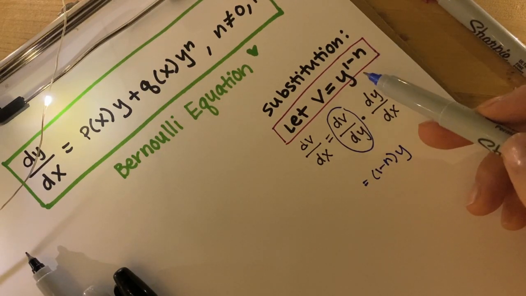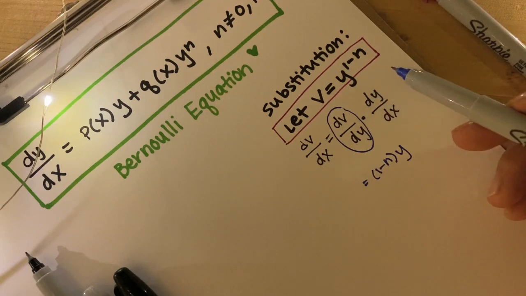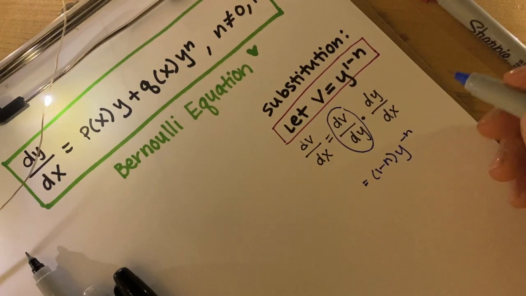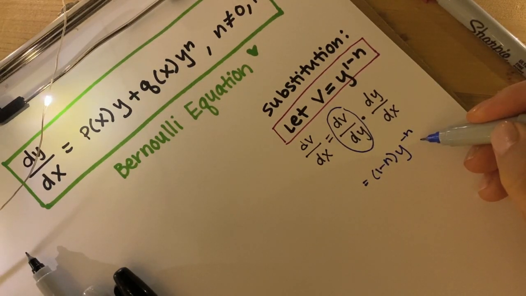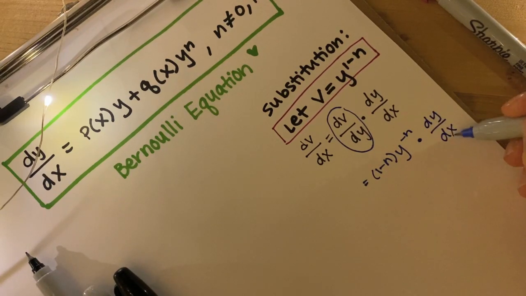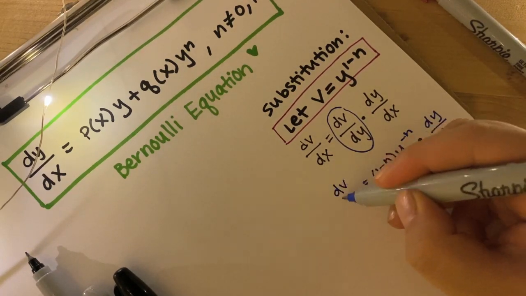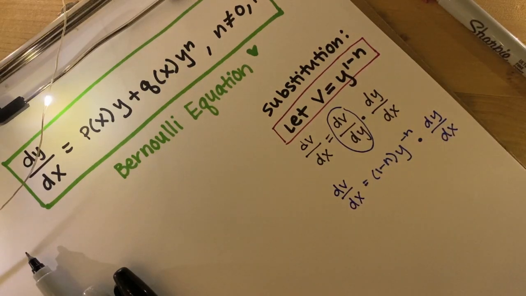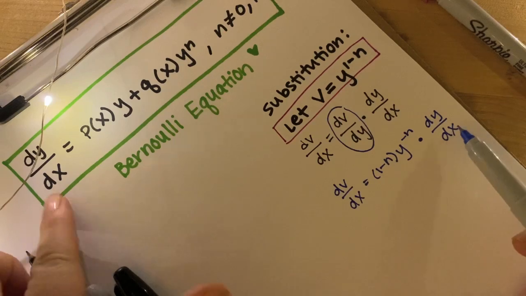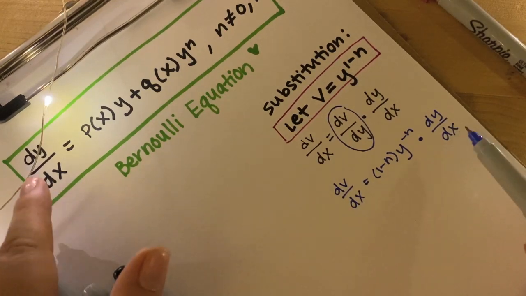Because in general, if you're taking the derivative of x to the n, you have n x to the n minus 1. So 1 minus n minus 1 gives you negative n, and then you just have your dy dx. Excellent. There's your dv dx. And that's our dy dx right here, or you can just write it as y prime.